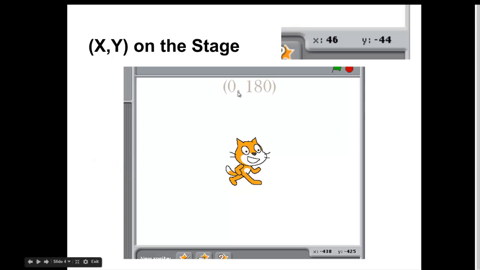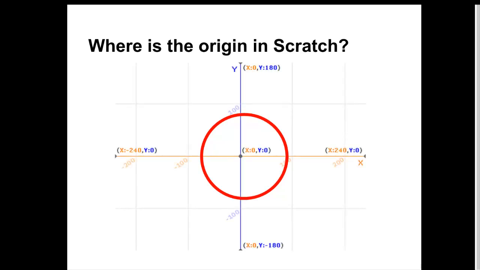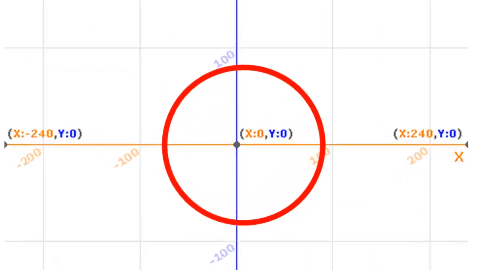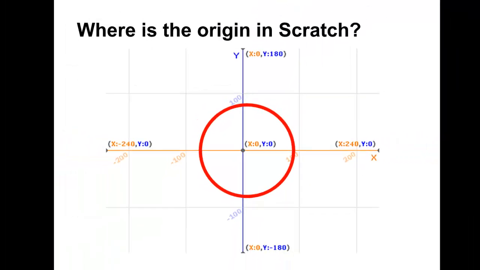And the Y position can be from 180 at the height, the top of the screen, to negative 180 at the bottom of the screen. The origin in Scratch is in the center of the screen, where X equals 0 and Y equals 0.